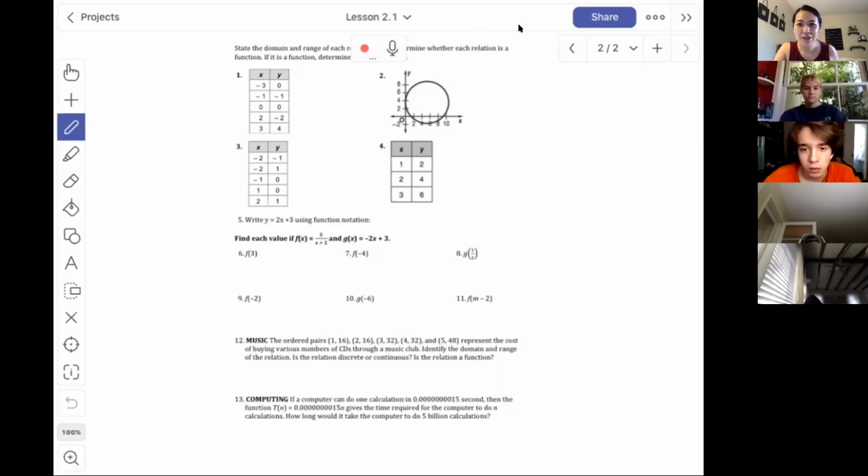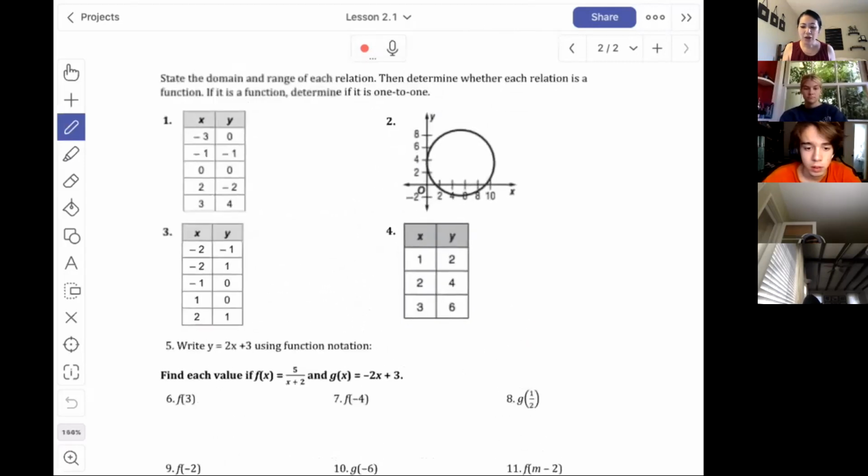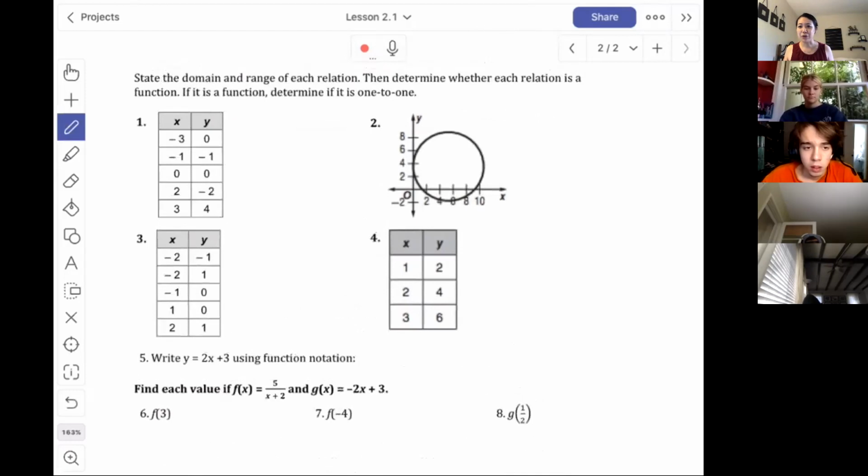So onto the back first, domain and range. When you do domain and range with the table, it's super easy. Domain is the x, range is the y. So you write D for domain, and I'm going to do these little braces, and I'll write down all the x numbers.